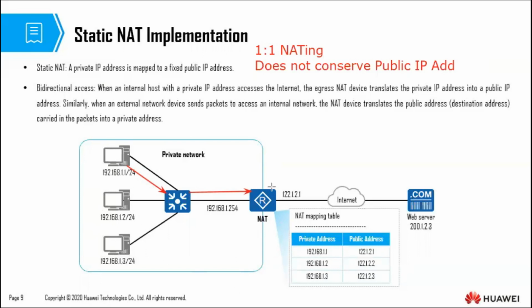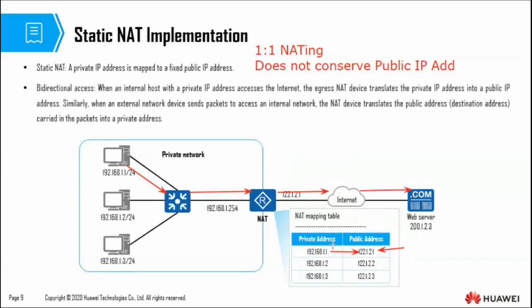So you come in, then we find that, hey, we have a public address 122.1.2.1 that is available. So we update in a table that for 192.168.1.1, it's going out as 122.1.2.1. So now the source address is changed to 122.1.2.1 and sent over to the internet.